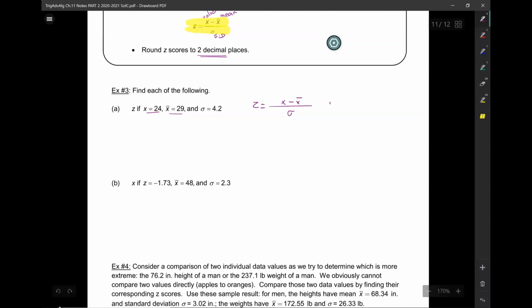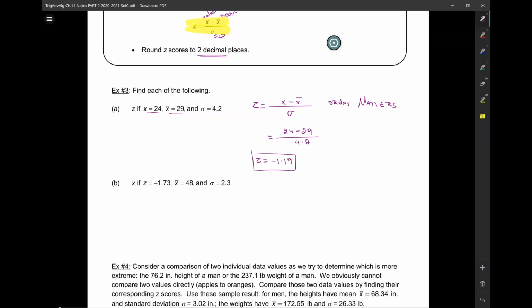The order really matters here, because if you did x bar minus x, you would get a negative versus a positive, and that makes all the difference. If it's negative, it's below the mean; positive, above the mean. So this one would be below the mean. We have 24 minus 29 over 4.2, which is a z-score of negative 1.19.